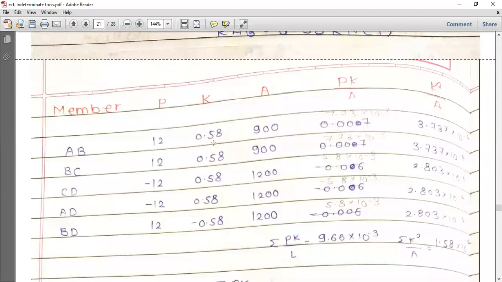Now we have taken the multiplication of this column, that is PKA, and we have got the summation.